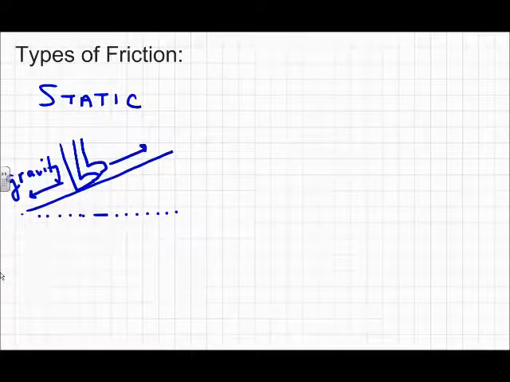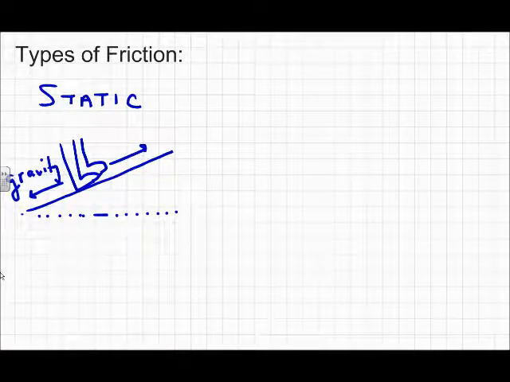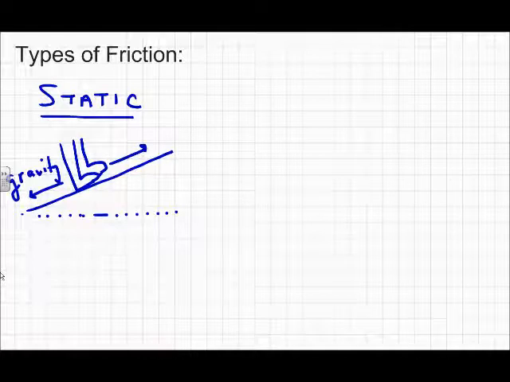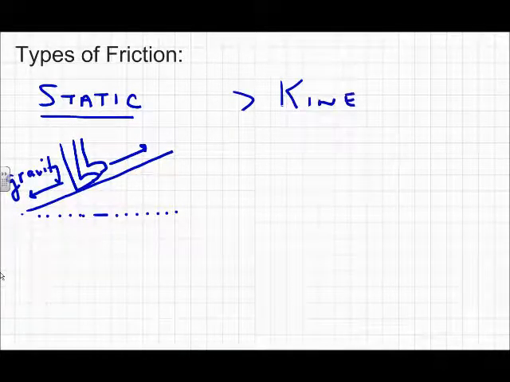And that's because, again, the surface of that ramp has microscopic imperfections. So does the bottom of your shoe. Those imperfections give you the grip you need to stay still. All those grooves and imperfections are almost locked together and caught on each other. Static friction is often stronger than the other type of friction, kinetic friction.